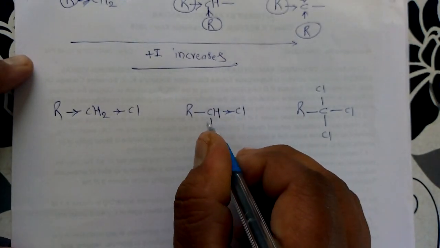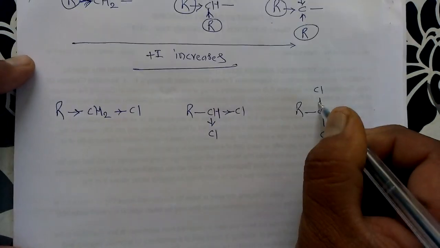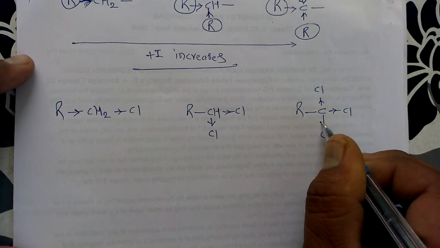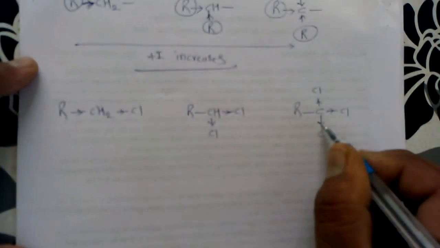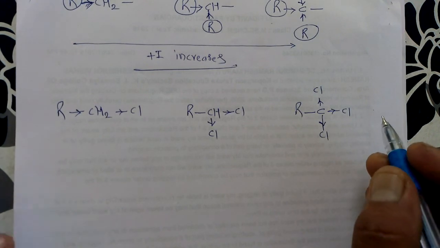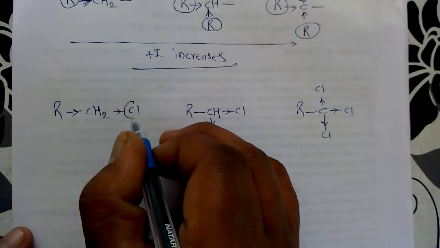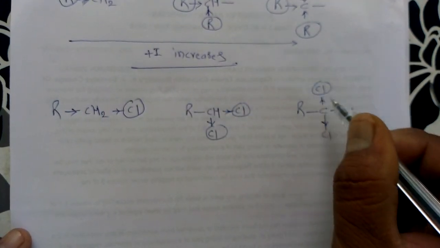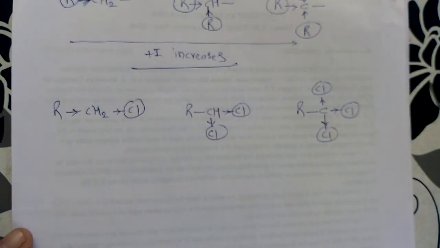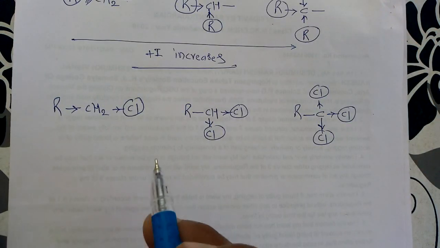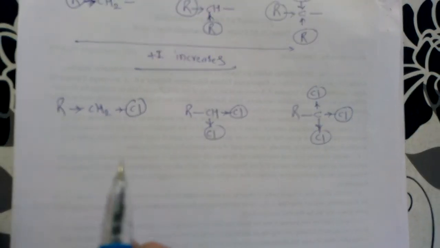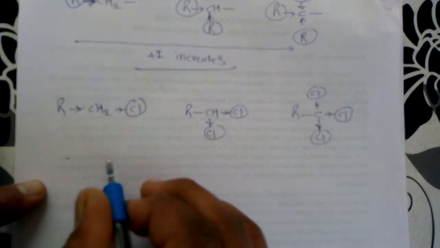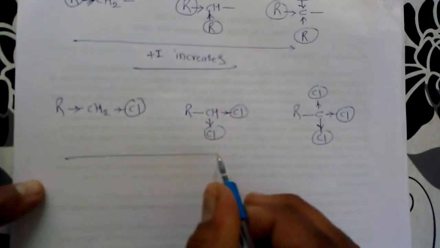Now as the number of chlorine atoms goes on increasing, its tendency to withdraw the electron density again goes on increasing. In this case, one chlorine atom is present. In this case, two chlorine atoms. In this case, three chlorine atoms. So we can say that as the number of electronegative atoms goes on increasing, the minus I inductive effect goes on increasing.